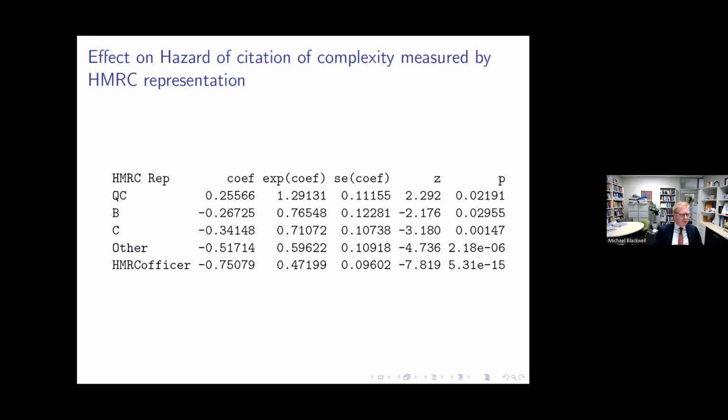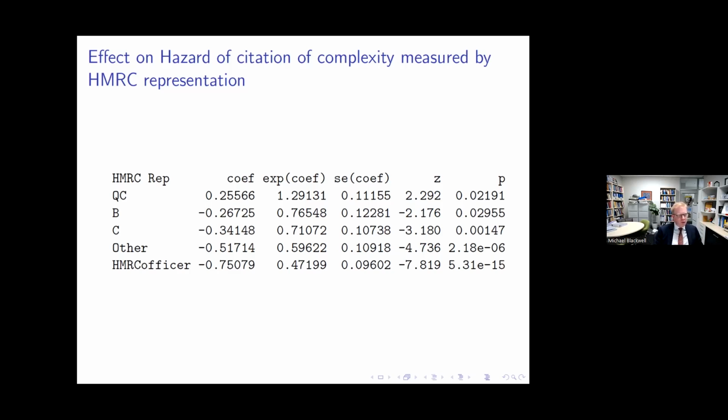HMRC have limited resources. And so for the more complex cases, they will use a Queen's Counsel, or obviously now KC, but the data is old. And then we also have a panel of lawyers instructed by HMRC, and they're graded A, B, and C, the C being the most junior, and they're paid less.